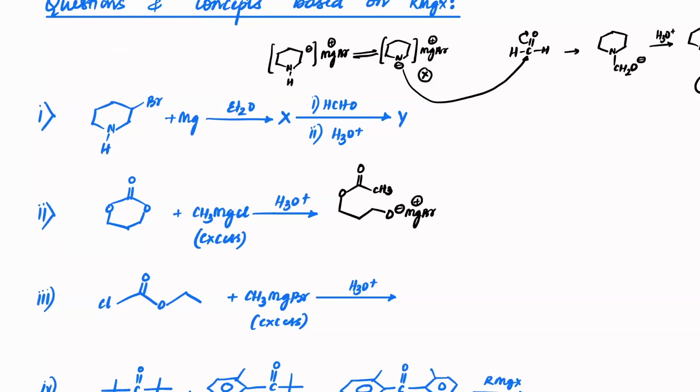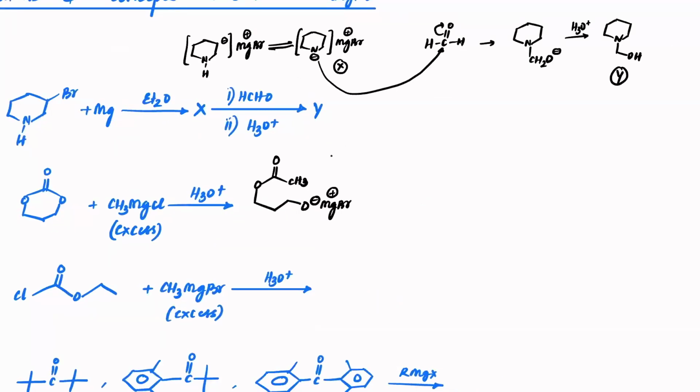Now when you add the second equivalent, that is CH3MgBr, again attacking on this carbon here, this bond will break, so we will get O minus MgBr plus, and then we have O minus MgBr plus, and the other product will be C double bond O, this one.